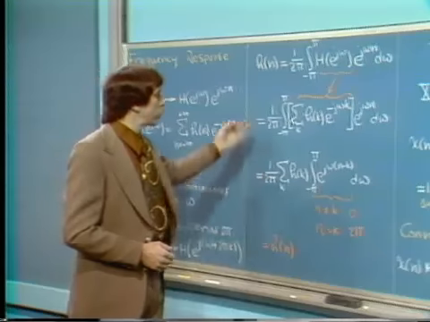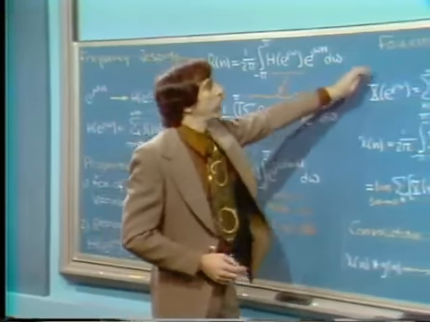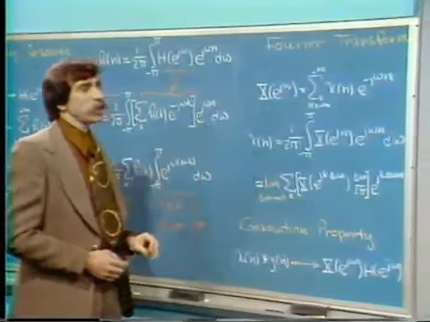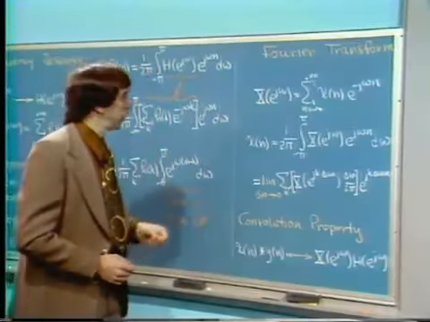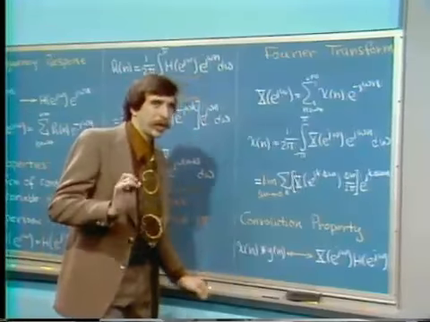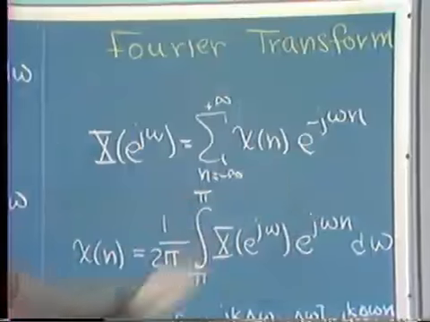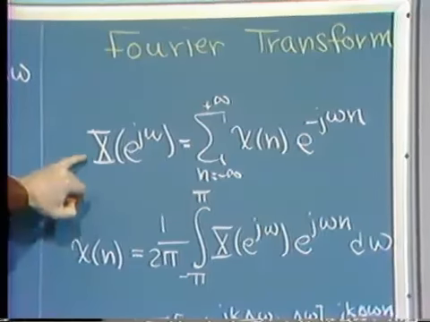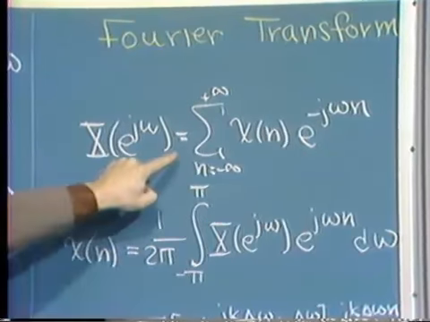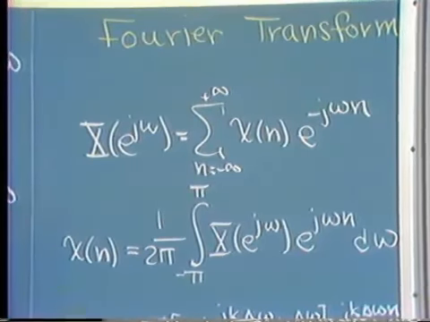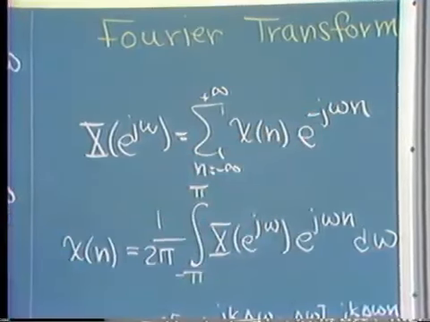That is, we can generalize this set of ideas to the Fourier transform, which is a frequency domain representation of an arbitrary, again, not quite arbitrary, but for the time being we'll consider arbitrary sequence x of n. Well, the Fourier transform then is defined as x of e to the j omega, which is the sum of x of n e to the minus j omega n.